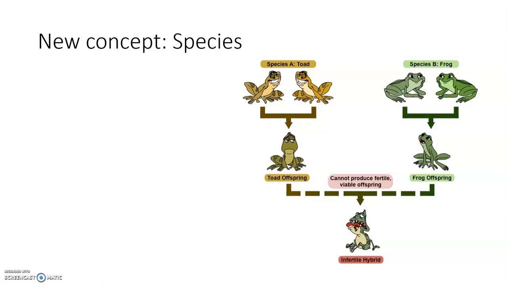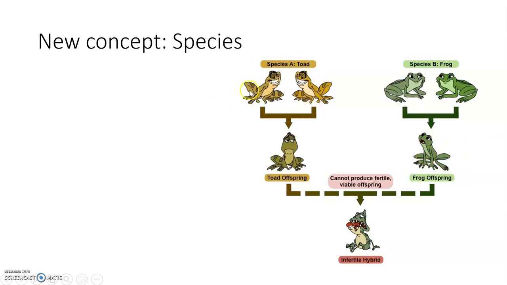And then just one additional concept, the concept of a species, right? So two organisms are considered belonging to the same species if they can interbreed and produce fertile offspring, right? So these two frogs, they can mate and they can produce offspring, and this offspring will be able to meet another frog and produce offspring itself. Same with the toads.